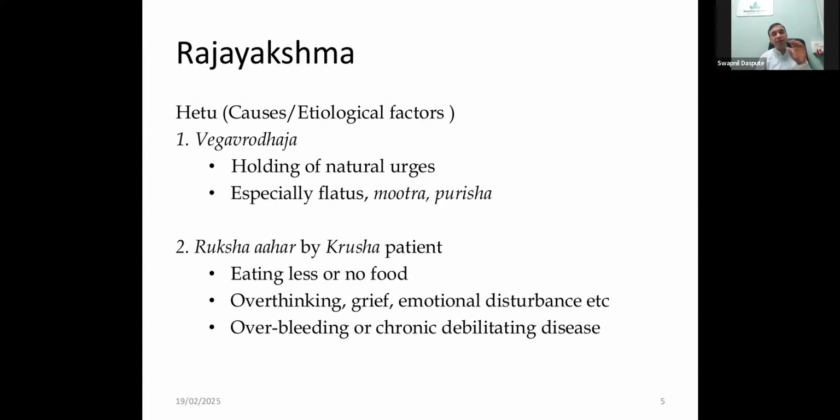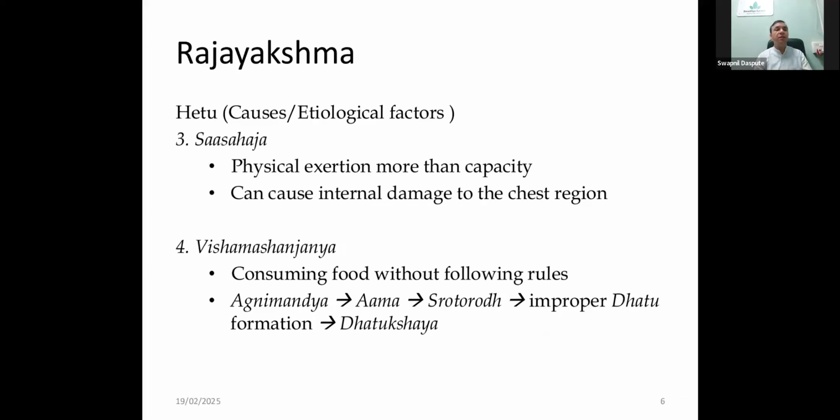When we say Rajakshma, and I said that the government is taking a lot of measures, this can be correlated to tuberculosis, TB. Okay, tuberculosis. And we know that governments of many countries are taking a lot of precautions, and a lot of arrangements are being done to eradicate that disease.